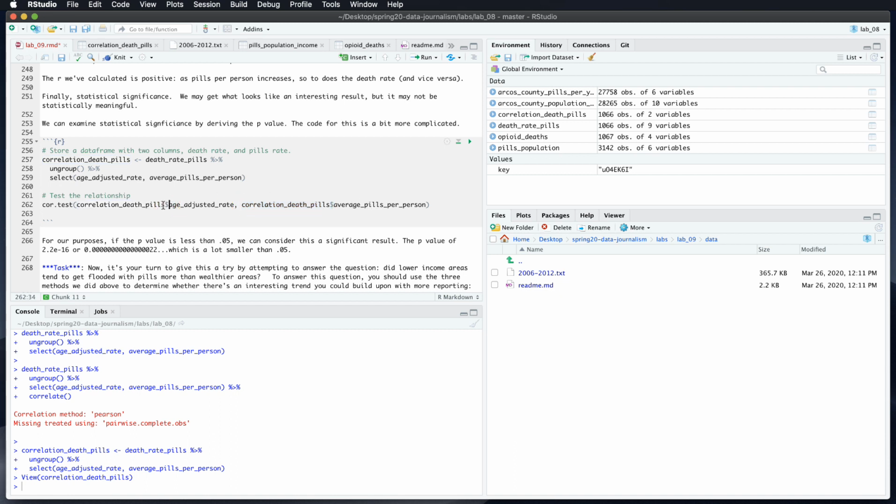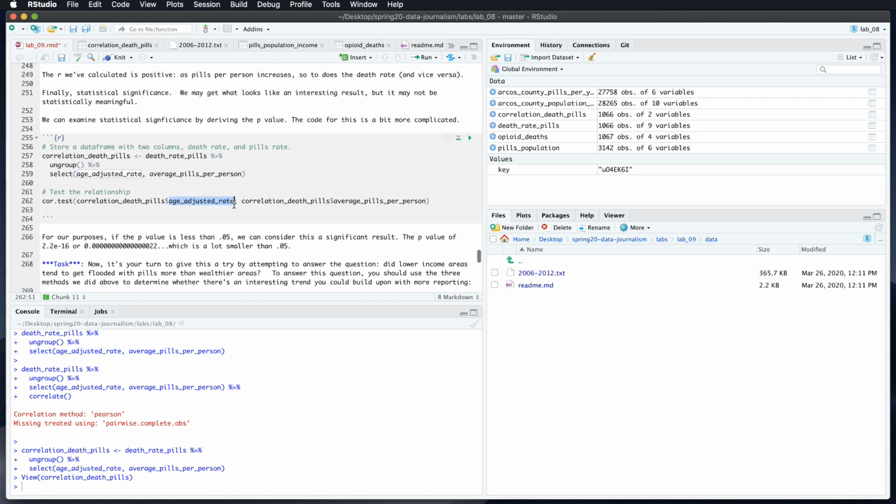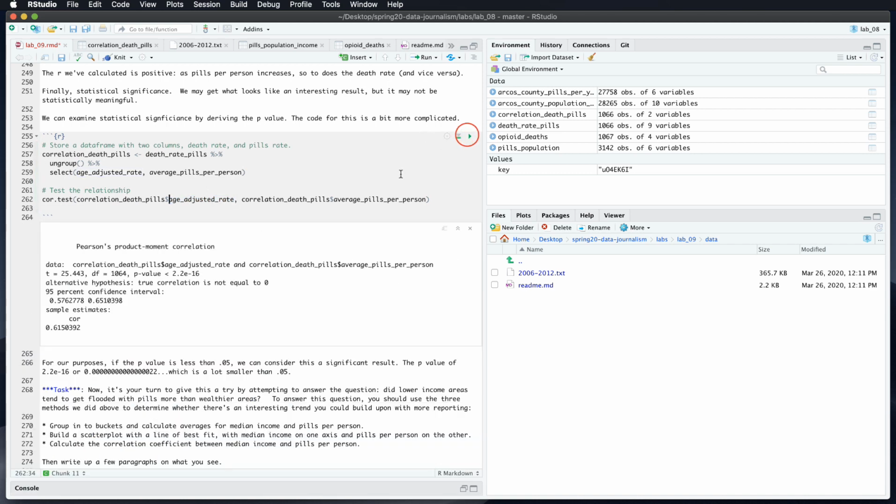This $, which we don't use a lot of here because we use the tidyverse so much, is essentially a way of saying the name of the table, the name of the column. Okay, so we run this whole thing.